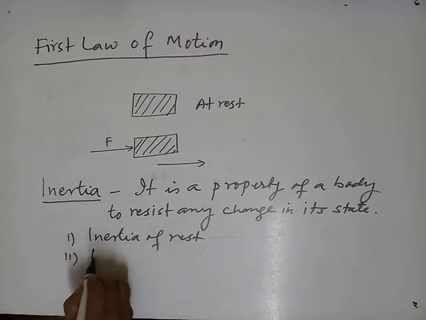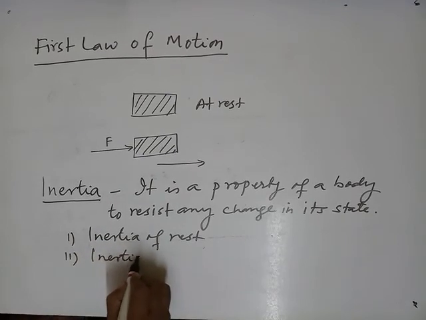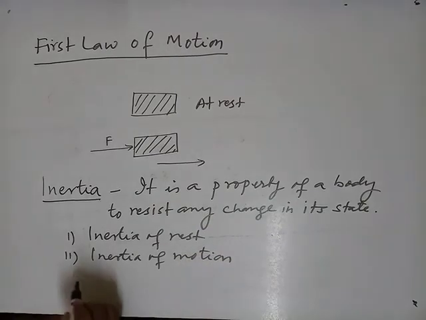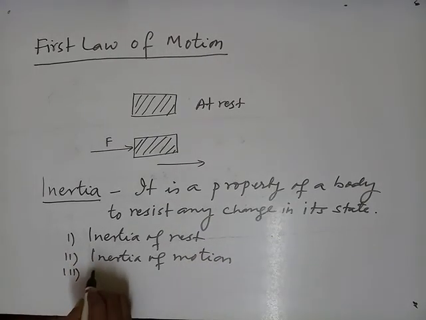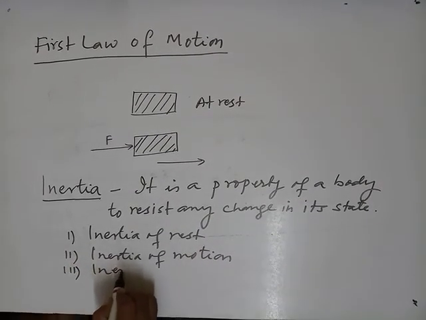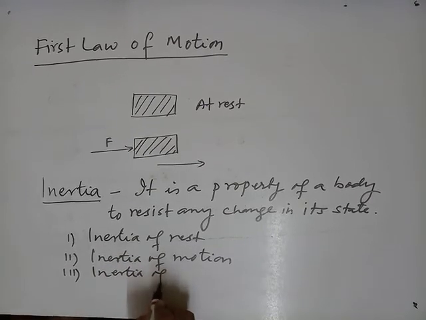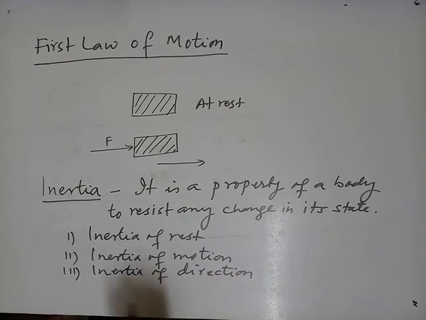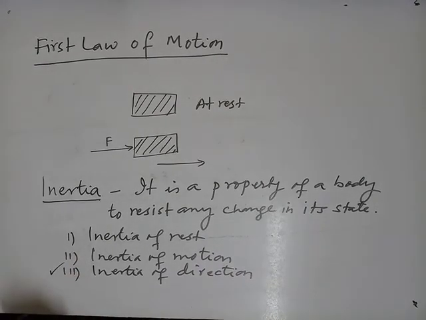Second is inertia of motion. And third, somewhere in the book, inertia of direction is also given, but it is not in the NCERT book. This is not mentioned in the NCERT book.